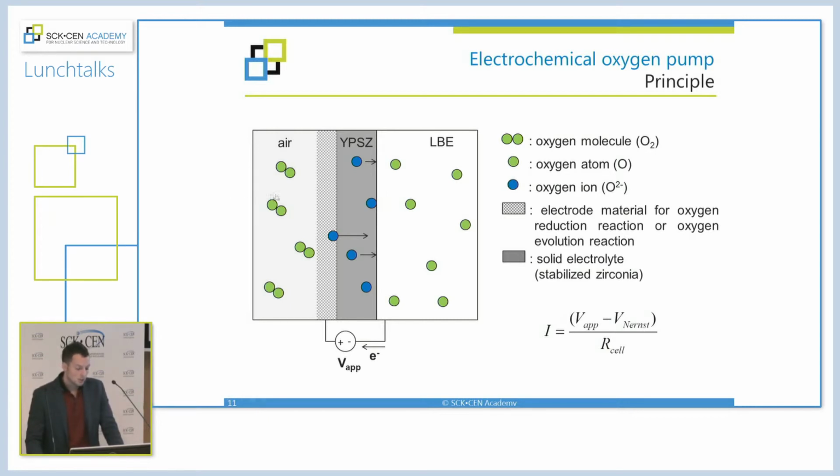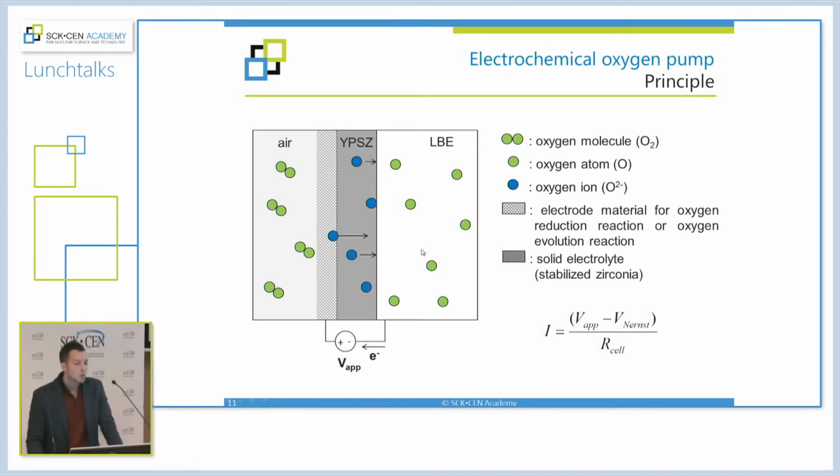So this material can conduct oxygen from one side to the other. And how does this work? The green dots are actually oxygen. On the right-hand side is oxygen atoms dissolved in LBE. On the left-hand side is oxygen molecules. And if you apply a certain difference of potential, we can drive this flow of oxygen ions from one side to the other.